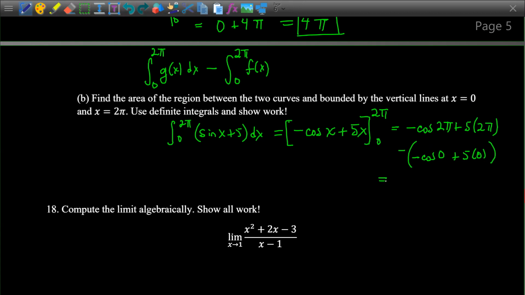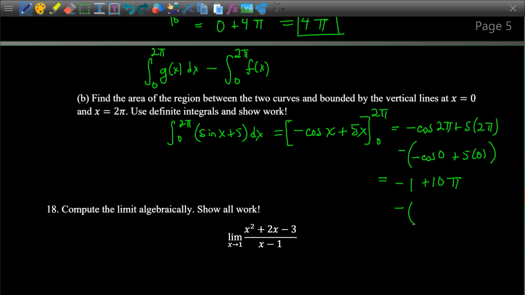All right, so the cosine of 2 pi is going to be 1. And we have minus cosine of 2 pi, so this is going to be minus 1. And then plus 10 pi. And then we'll subtract from that minus cosine of 0.